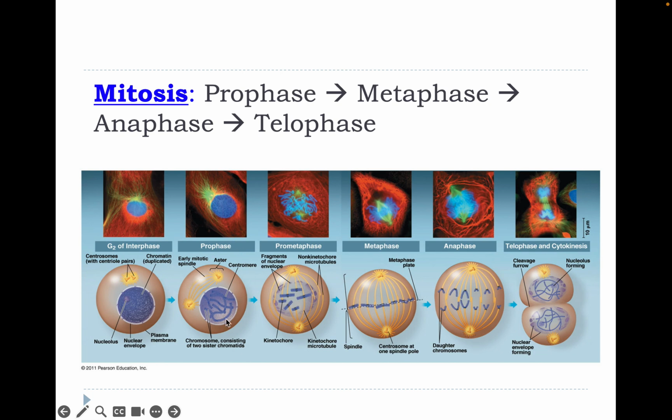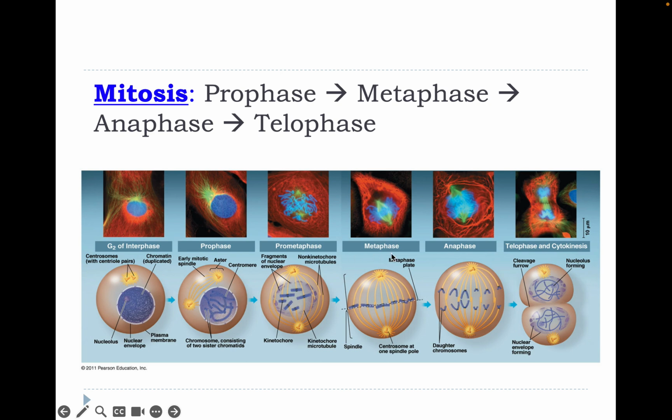Another clue that we're entering prophase is that the DNA begins to change shape. So instead of being all loosey-goosey as chromatin, they begin to bundle up as chromosomes. And they should be paired with their sister chromatids.